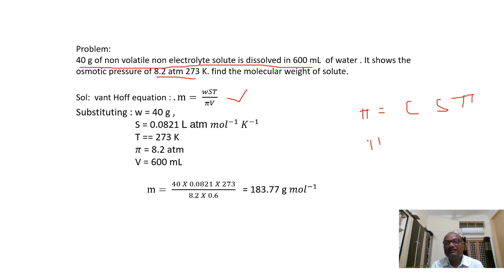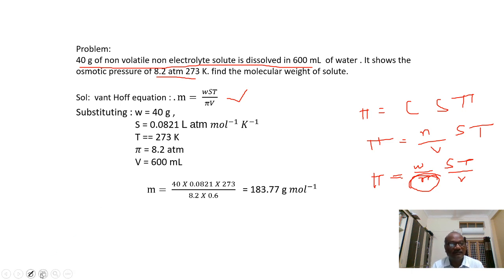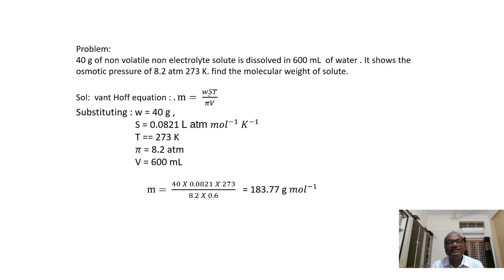So we can write pi is equal to n by V, where V is the volume of solution, into S into T. Or pi is equal to n, which is weight divided by molecular weight, into ST divided by V. Now writing the equation for this m, we get m is equal to WST by piV. Like that we got that equation, from the first two equations only.